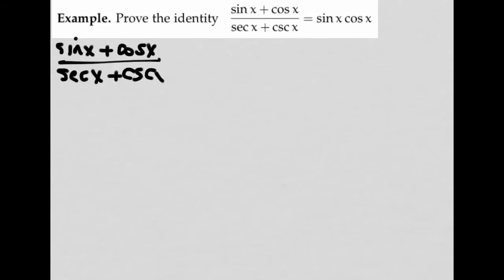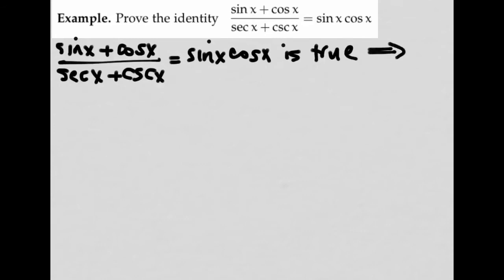So I'm going to start out by saying that sine x plus cosine x divided by secant x plus cosecant x equals sine x times cosine x. This is true if and only if the following equation is true.